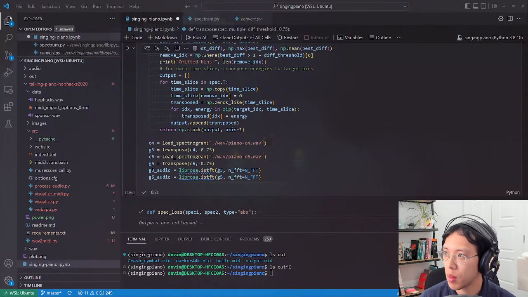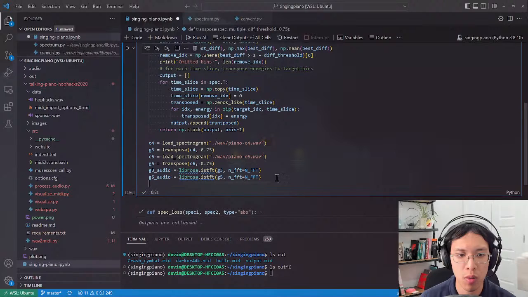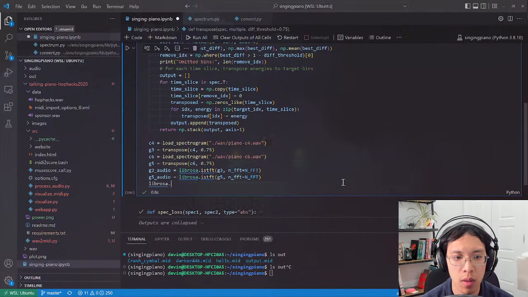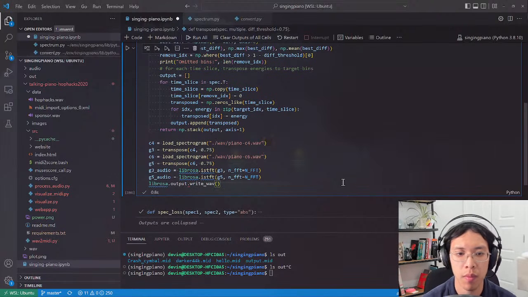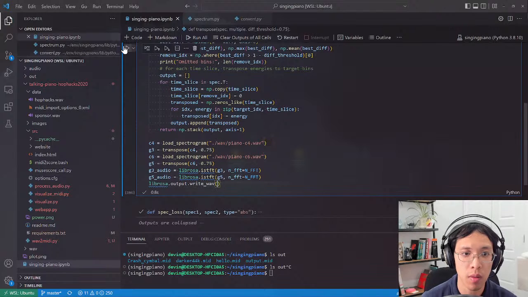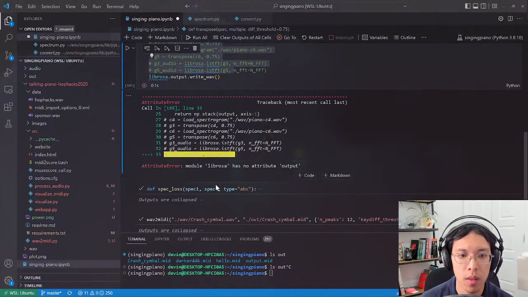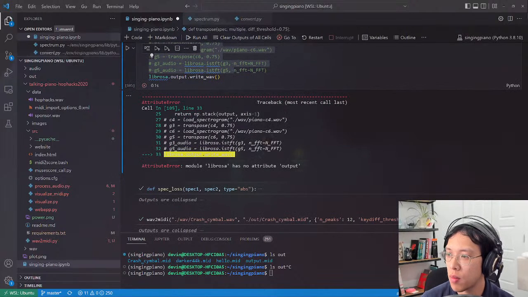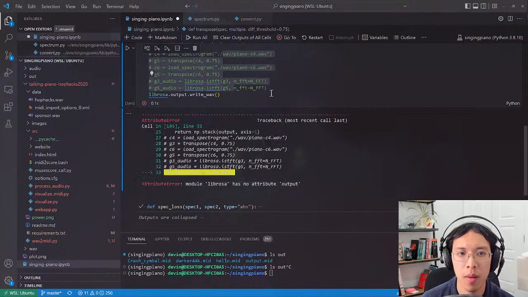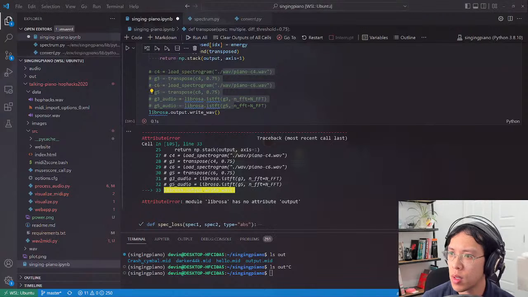Okay. Well, someone's complaining about some issues, but there is librosa.output. So I found librosa.output. Right. Is this a valid function? I guess we will find out. Let's just try running it on its own. It says librosa does not have this output. Huh. Okay. Do I need to import it?